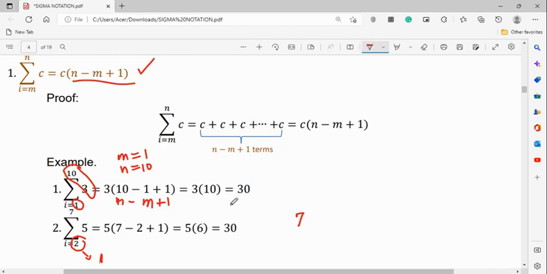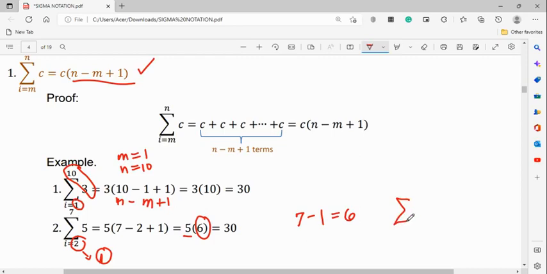You should have 35. 7 times 5 should be 35. May isa natanggal kaya naging 30. So, in other sense, class, tinanggal mo 1. So, 7 minus 1. 7 minus 1 is 6. Kaya magiging 6 times 5.